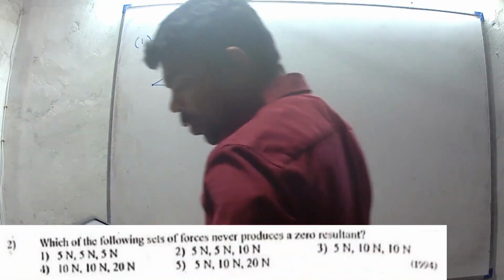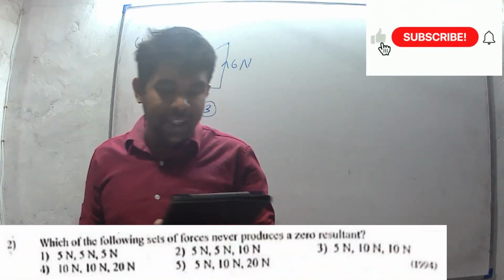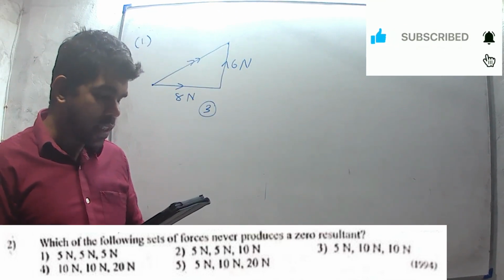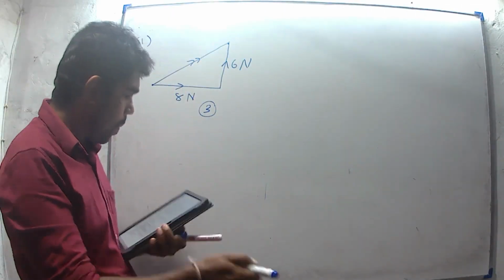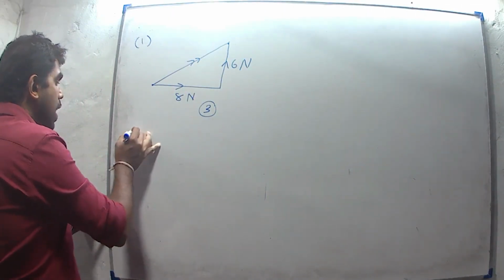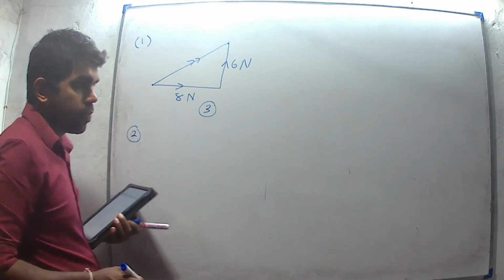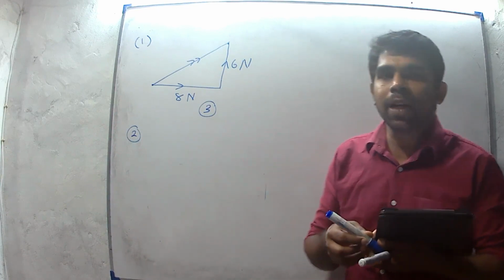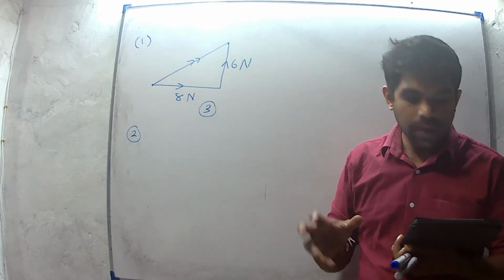Then question number 2, which of the following sets of forces never produces a zero resultant? There are three forces. If the resultant is 0, we can represent the given vectors by using a triangle.